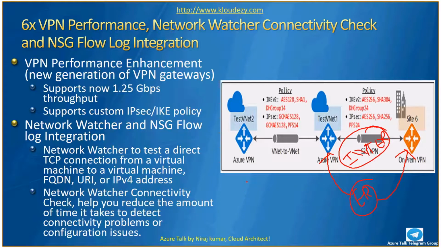That's the reason Microsoft recently introduced these SKUs, so that in case ExpressRoute or the link goes down, you will have a VPN gateway with the capacity to handle any data bandwidth coming over the VPN.